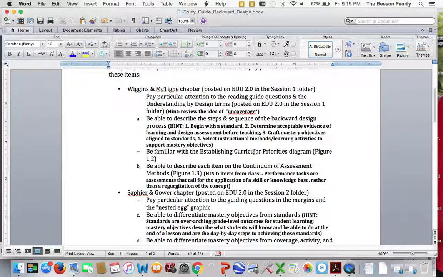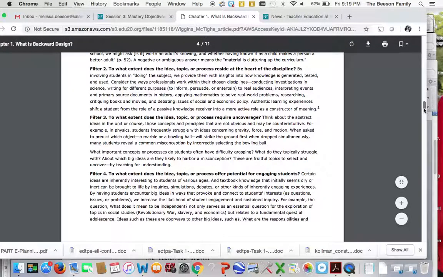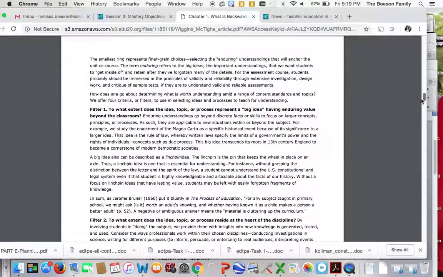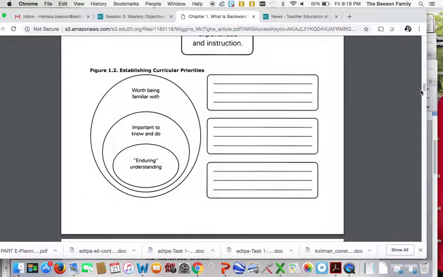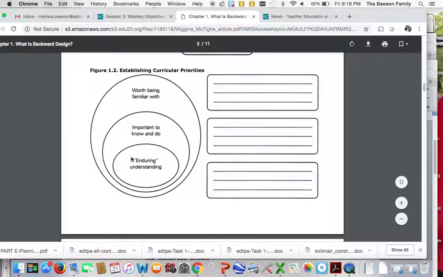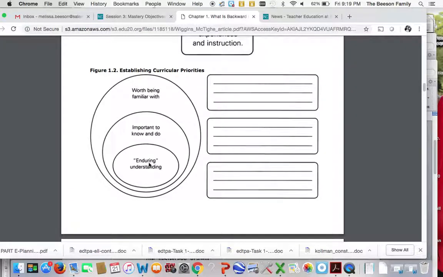Make sure you look at this establishing curricular priorities diagram. So if you go back to the reading, it's above the uncoverage right here. If you review the Wiggins article and you're thinking about big ideas or enduring understandings, those are central ideas that are transferable to other content areas or transferable to other things in our life.